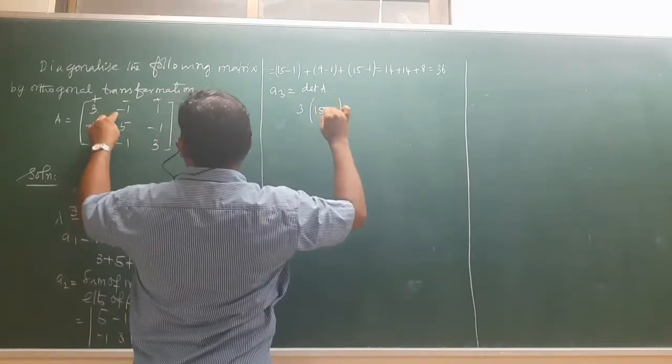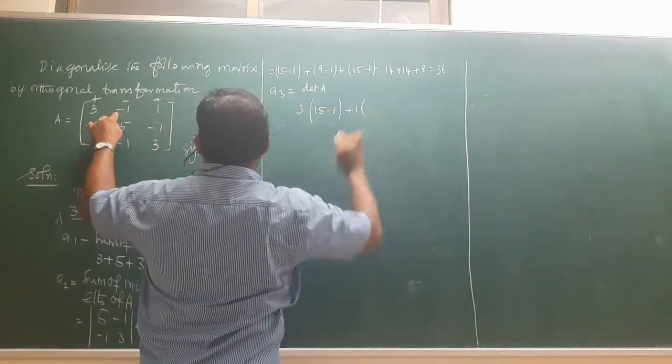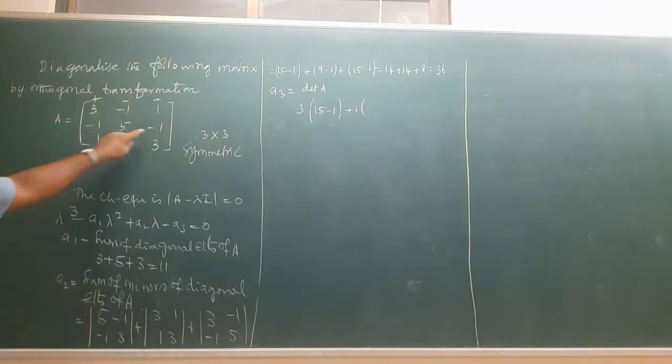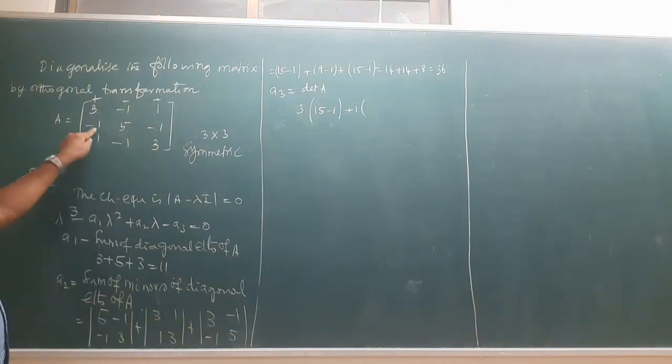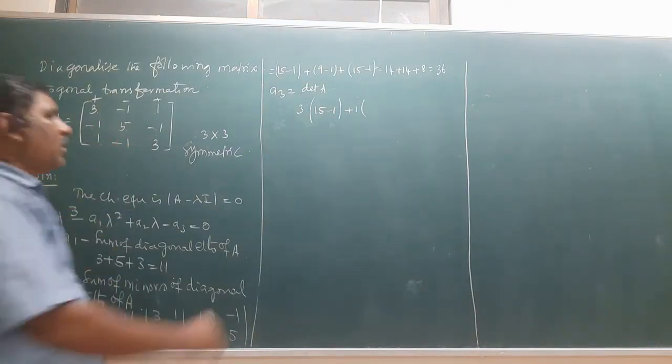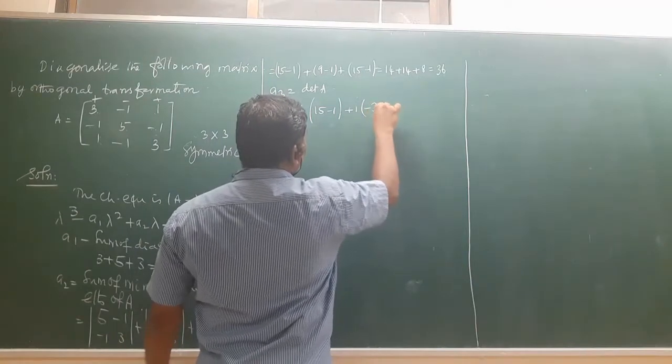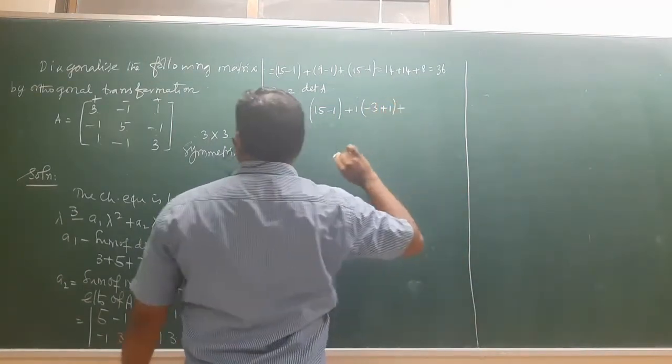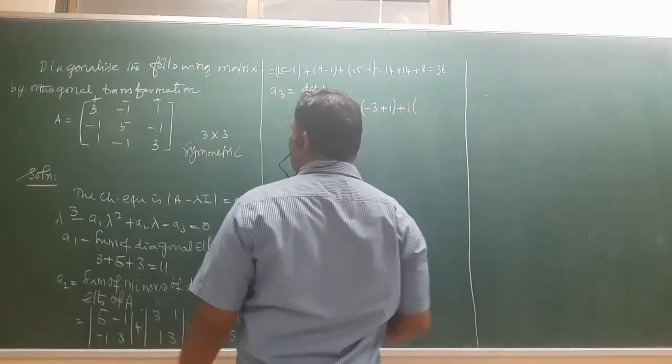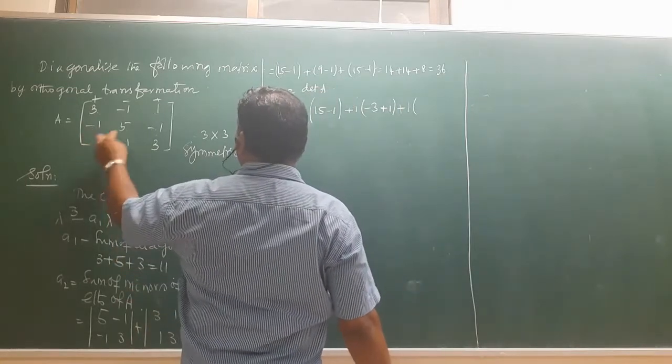And then minus, plus 1 into the determinant of -1, -1, 1, 3, minus 3 plus 1, plus 1 into the last determinant, which is 1 minus 5.